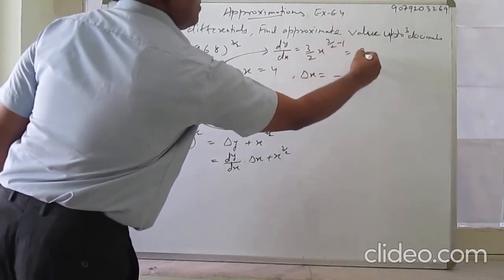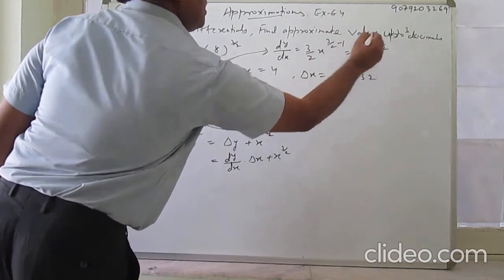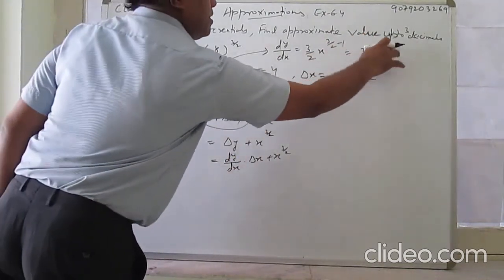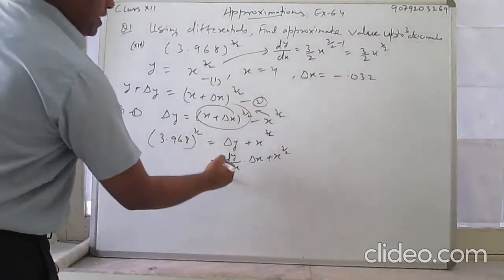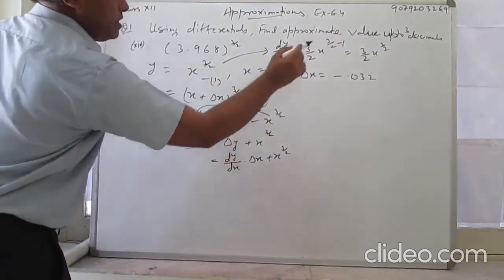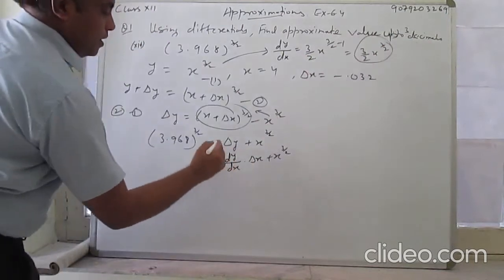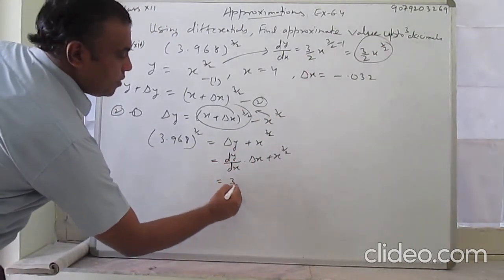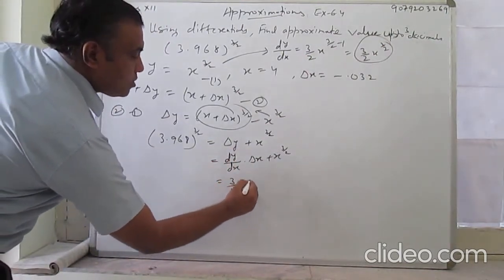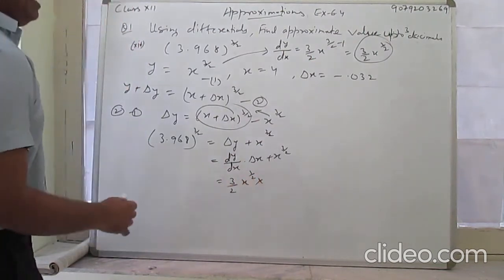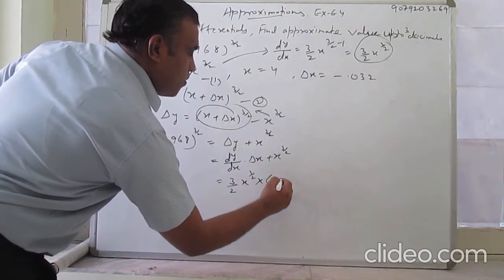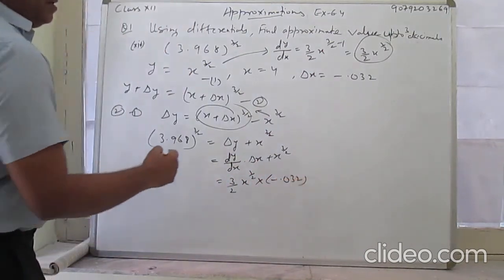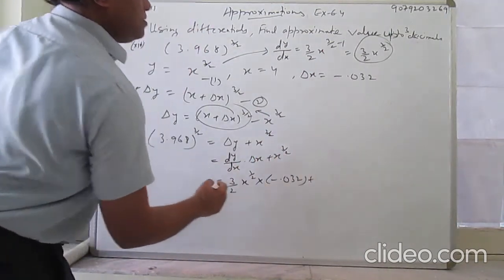You will get 3 by 2 x to the power 1 by 2, since 3 by 2 minus 1 is 1 upon 2. So put it here: 3 by 2 x to the power 1 by 2 into delta x. What is delta x? Minus 0.032.